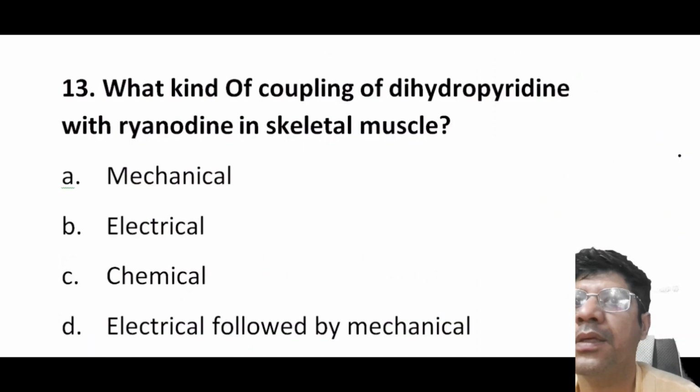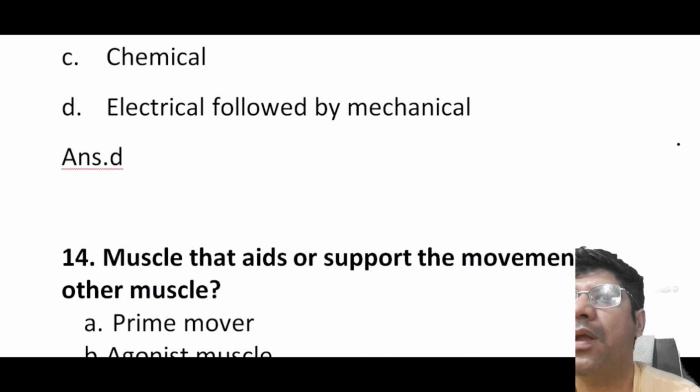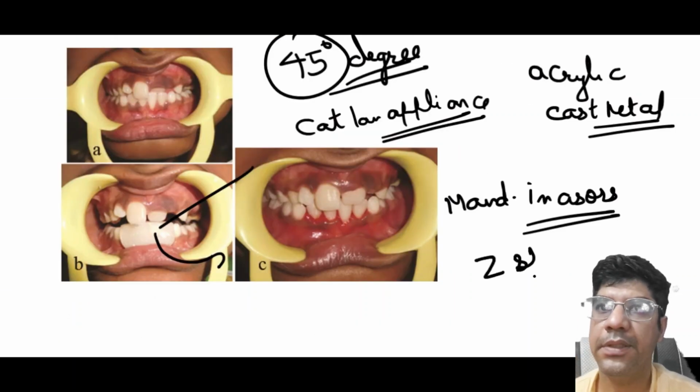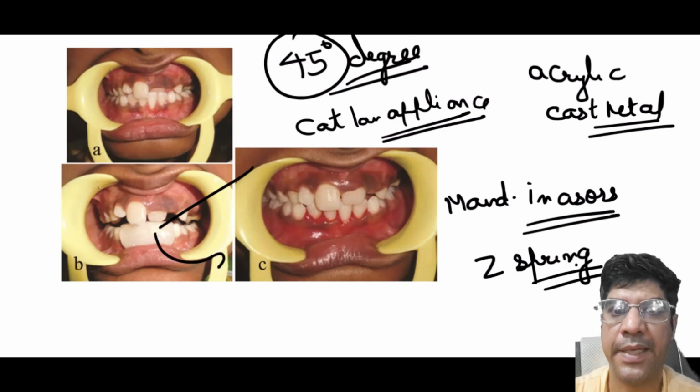The other we can use is the jet springs, or the double cantilever spring, that is also known as Z spring.